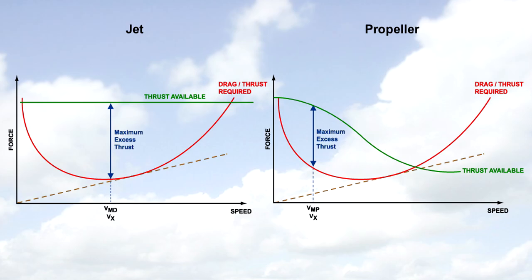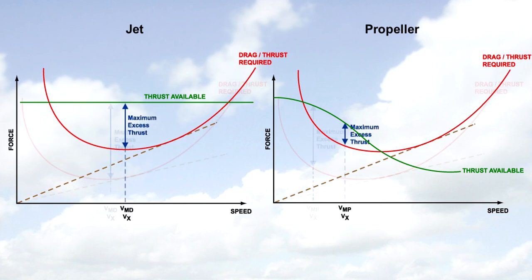Returning to the excess thrust graphs for the propeller and jet aeroplane, it's now possible to see the effect of the movement of the total drag curve. Increasing the airplane weight moves both total drag curves up and to the right. Notice, as mentioned earlier, that there is a decrease in the excess thrust available, and therefore a decrease in the maximum achievable climb angle.